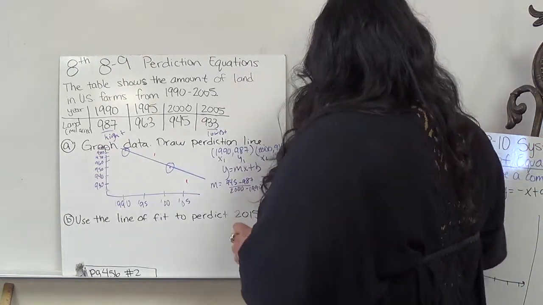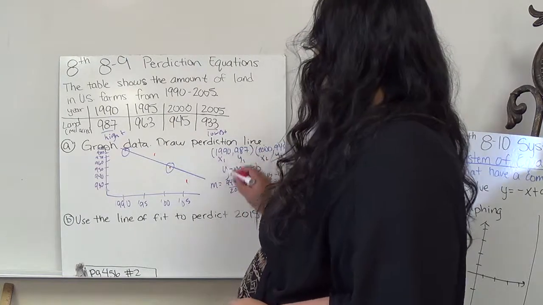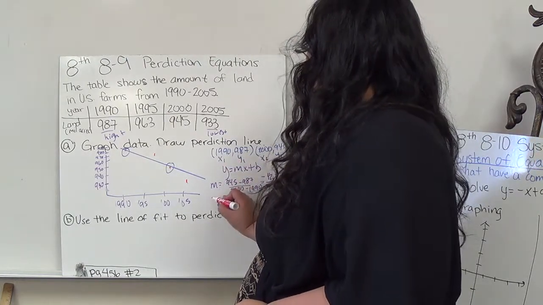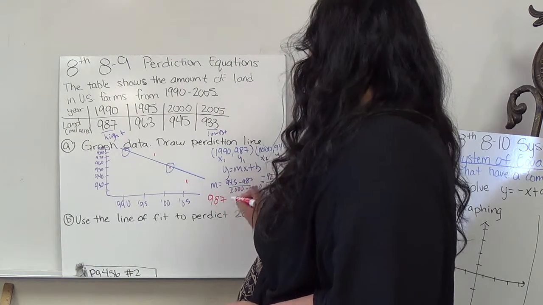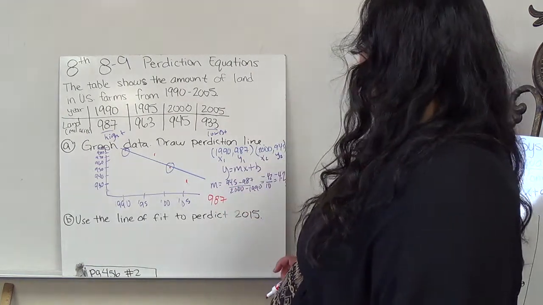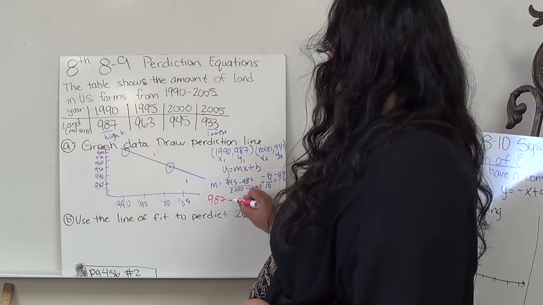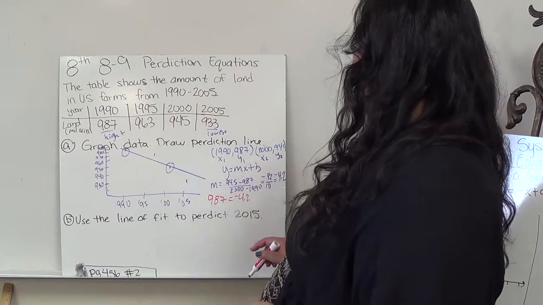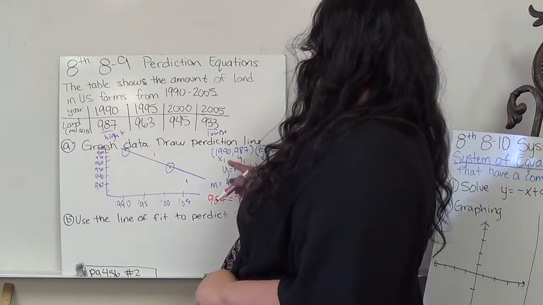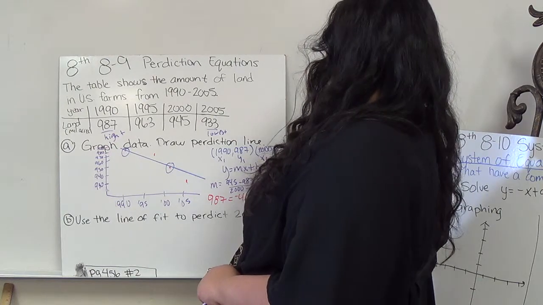Once I find that, then I'm going to look for my b, right? So I'm going to use one of these points. Let's use this one. So y equals, so 987, right? Minus negative 4.2, sorry, equals negative 4.2 x, which is 1990, equals b.